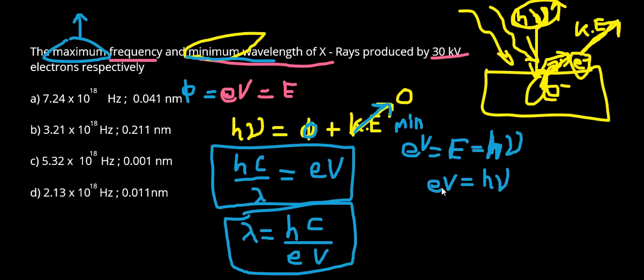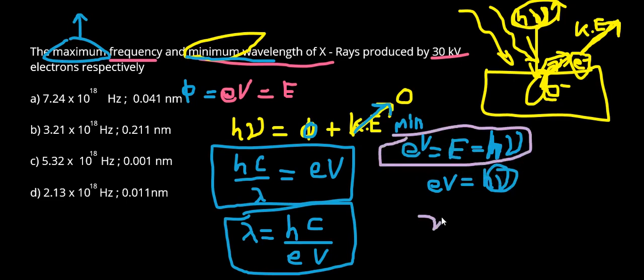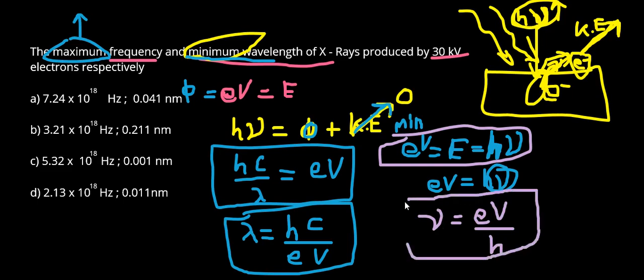From this equation, mu can be written as electron volt divided by Planck's constant, where h is Planck's constant. From these two, we are going to find the answer.